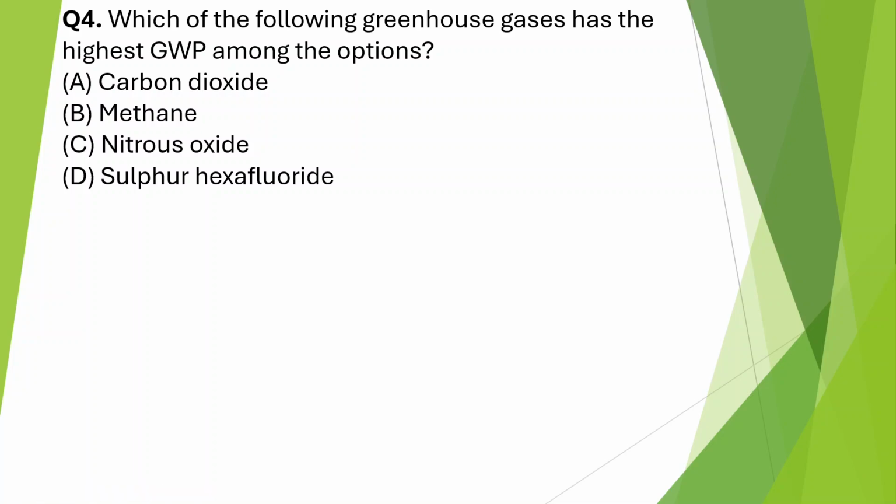I hope the question is clear and visible to all of you. So Kriti, if you want to add an answer to this particular question, if you know the answer, then you can type your answer in the chat box.